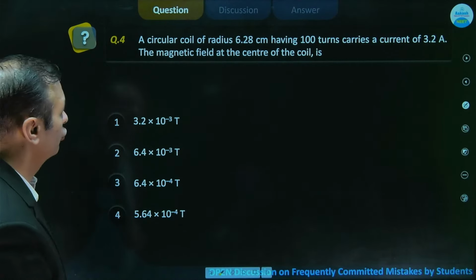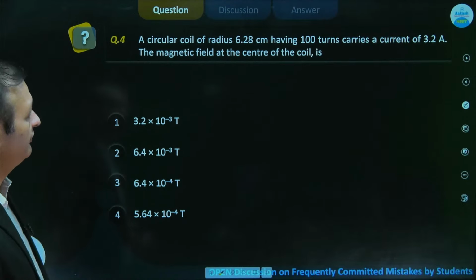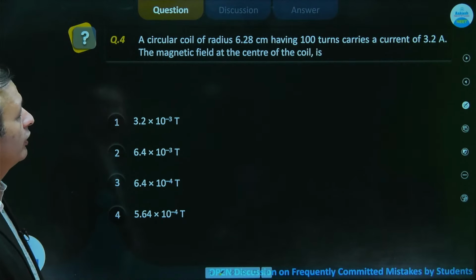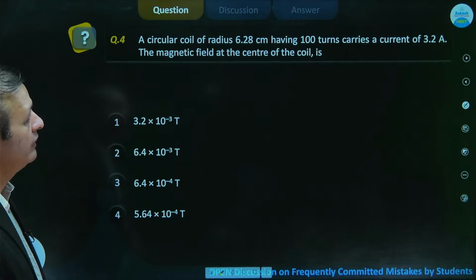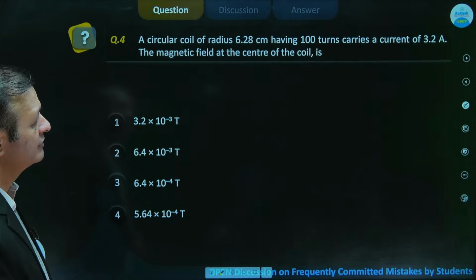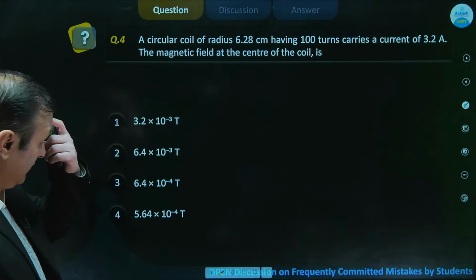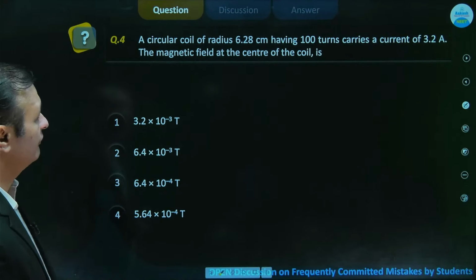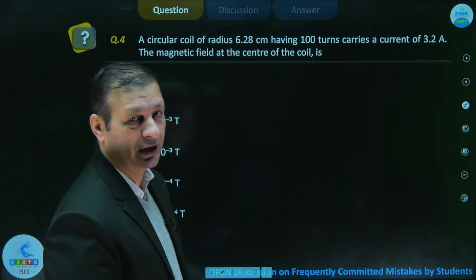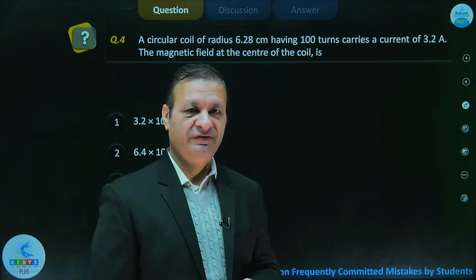Now, the fourth question. What it says? A circular coil of radius 6.28 centimeter having 100 turns carries a current of 3.2 ampere. The magnetic field at the center of the coil is. Fine.